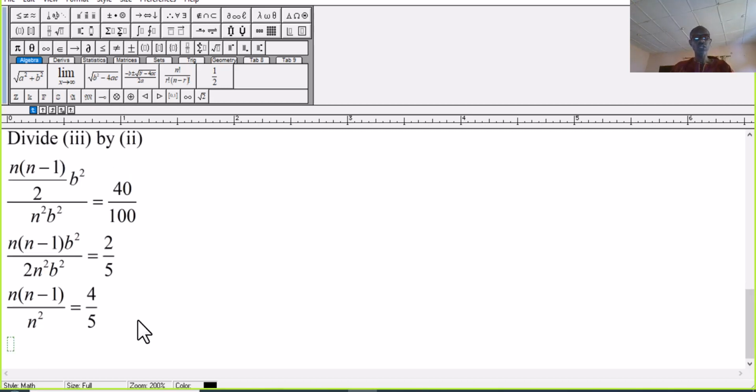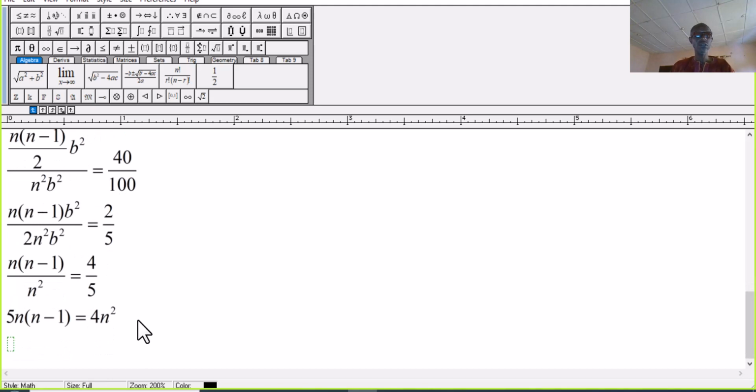So calculate all the like terms together. So you have 5n into n minus 1 equals 4n squared. So let's open up the bracket. So 5n squared minus 5n equals 4n squared.